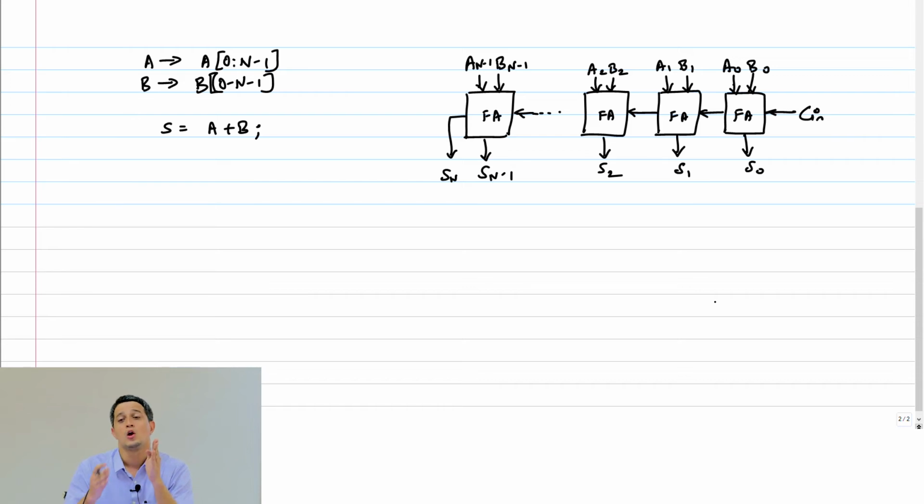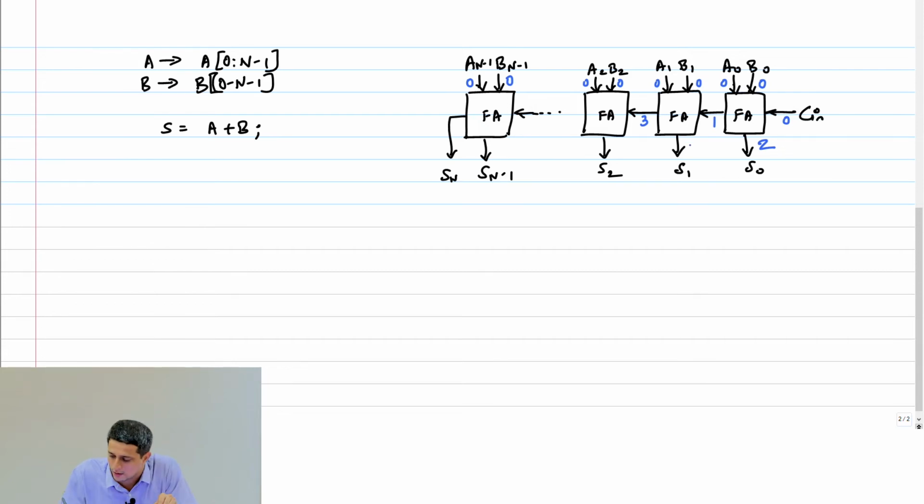So the key thing is all the n bits arrive at the same time. They are all available at time 0. Carry in also, let's assume it's available at 0. Okay. So at what point will S0 be ready? 2. What about the carry out of the first block? 1 unit. When will the carry out of the second block be ready? 3.